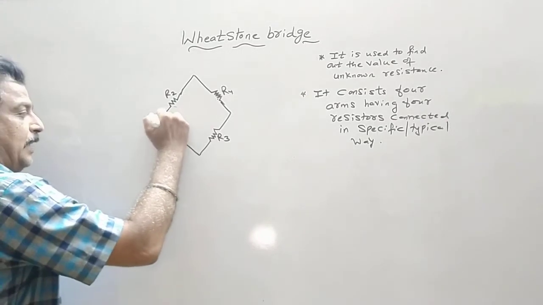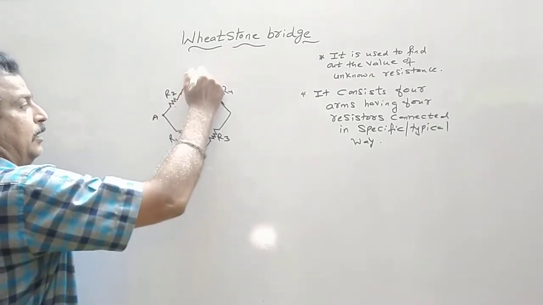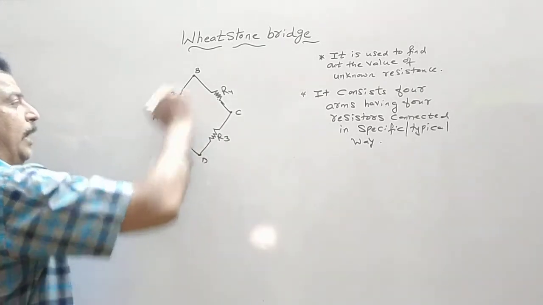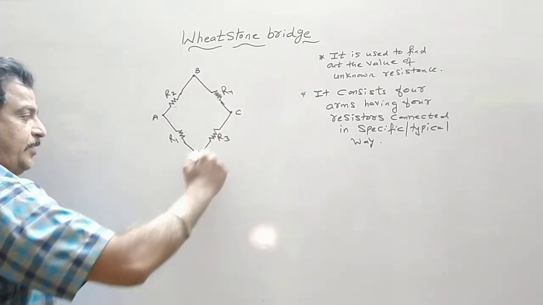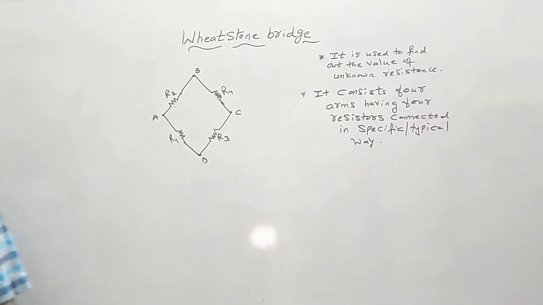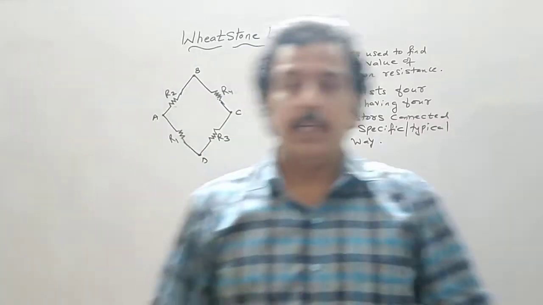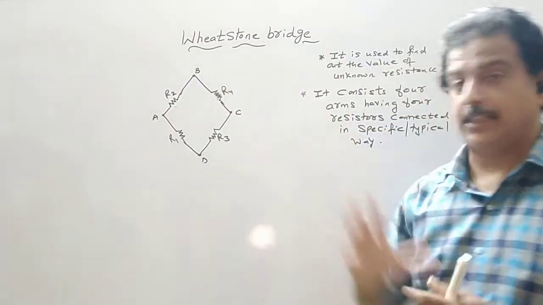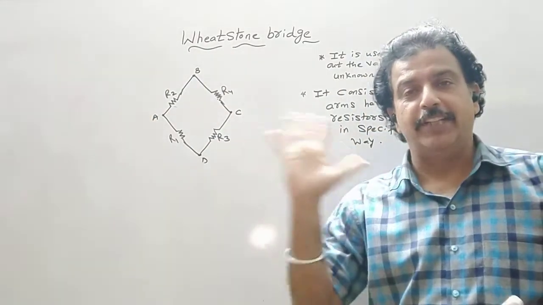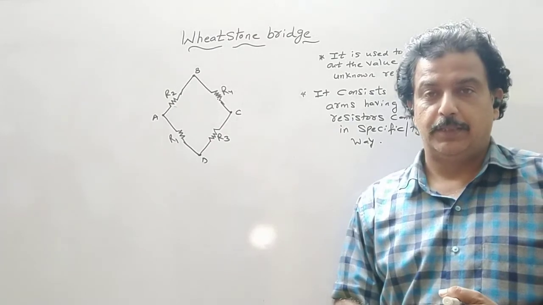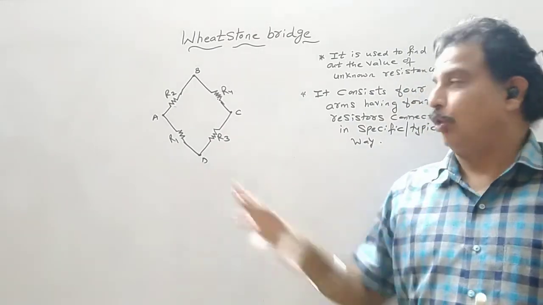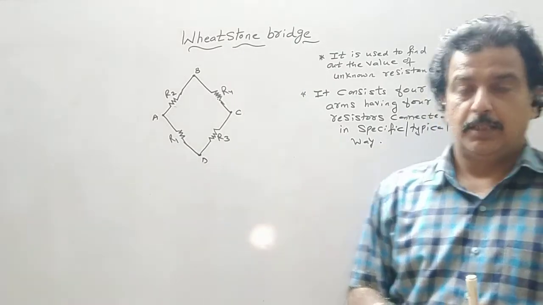Let us name these points A, B, C, and this is D. So arm AB, arm BC, CD, and arm AD. So it consists of 4 arms having 4 resistors. Now out of these 4 resistors, the value of one is unknown to us.